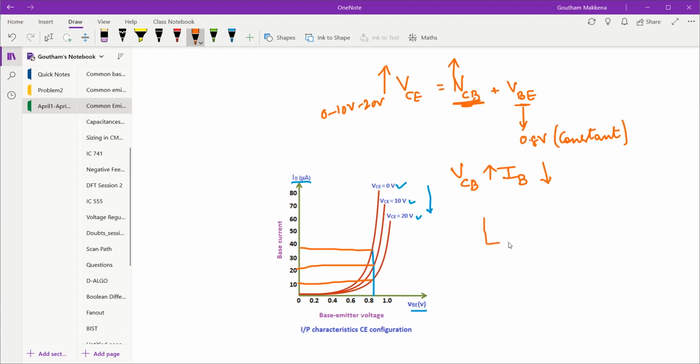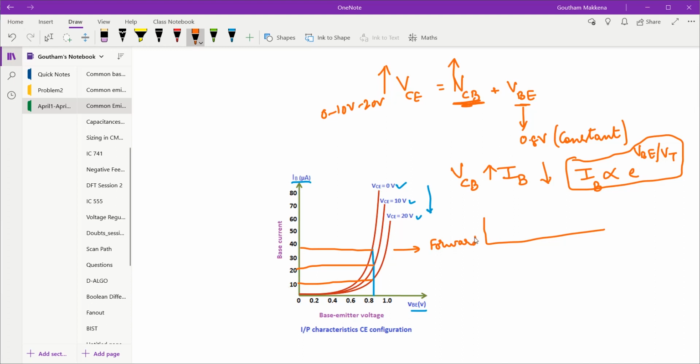We know that IB is proportional to e power VB by VT. We have seen this behavior in the transistor lecture. That is why we have input characteristics similar to forward diode characteristics.